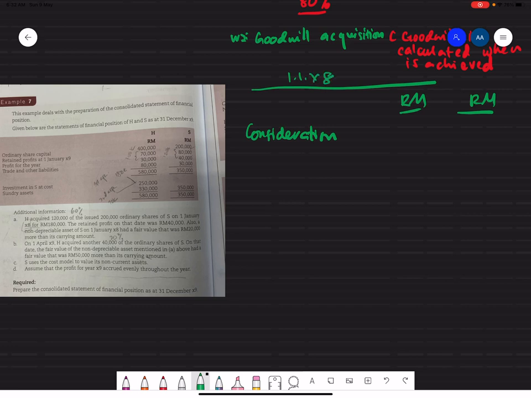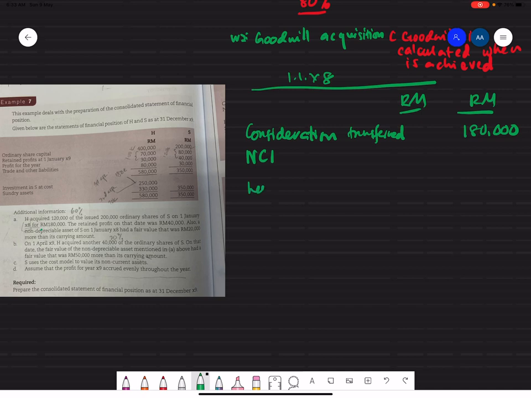Consideration transferred, in this case, is 180,000. And then NCI we'll calculate later. In this case, the question doesn't tell anything about it, but looking at the working, it is actually partial goodwill.